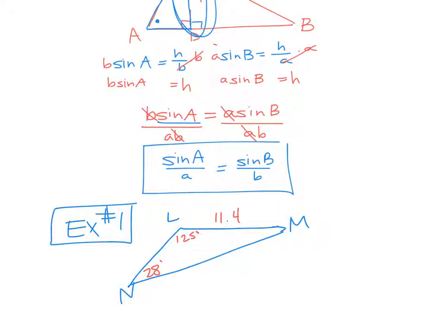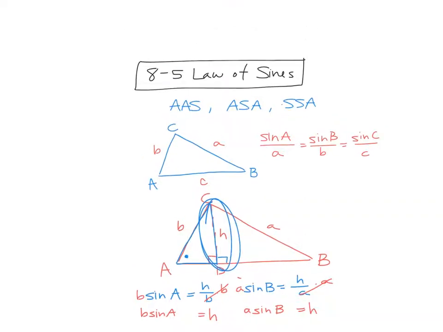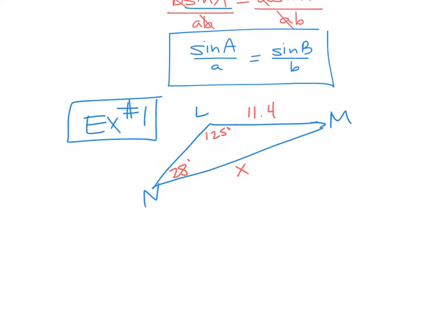This is 28 degrees, and this side is X. Okay, so essentially what you're looking for is one of the 3 types of triangles that we talked about earlier. In that list that we gave, there was AAS, ASA, and SSA, right? Well, if you look at this picture, it goes angle, angle, side. So we have the AAS setup.